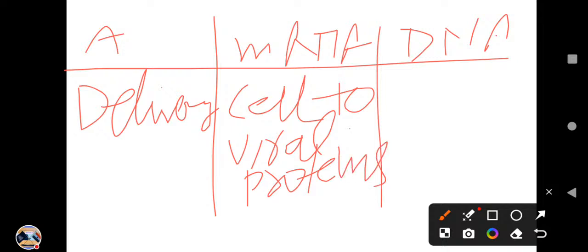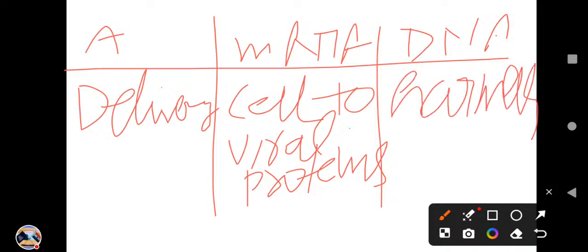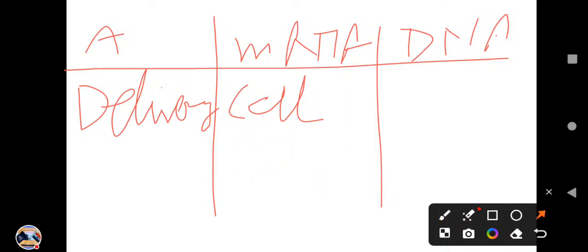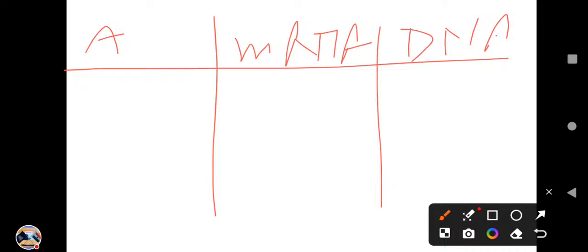Simply you can write this, viral proteins. But DNA vaccines often use a harmless virus, also known as a vector, to deliver DNA instructions to cells. So I will fill this in.